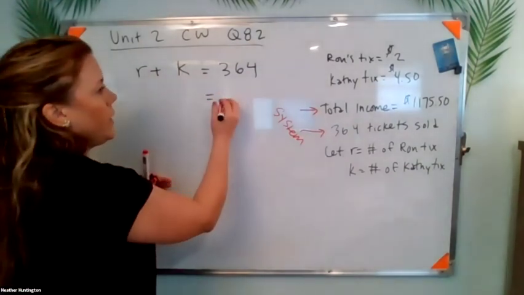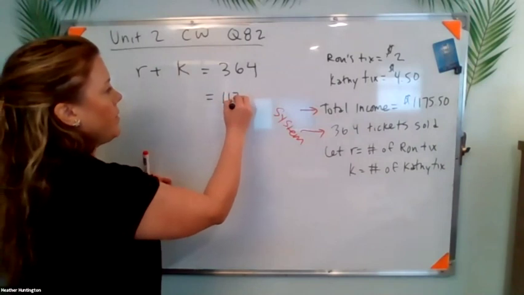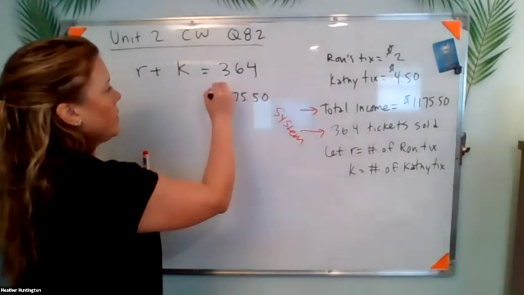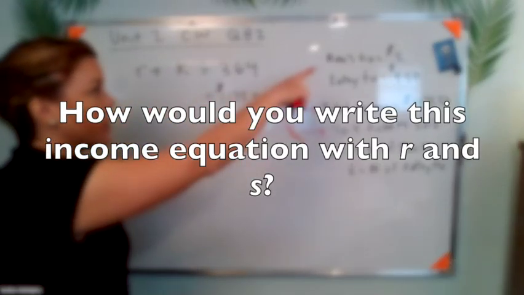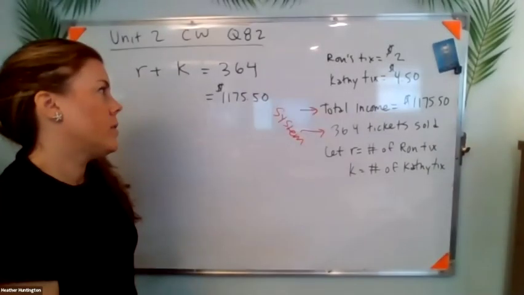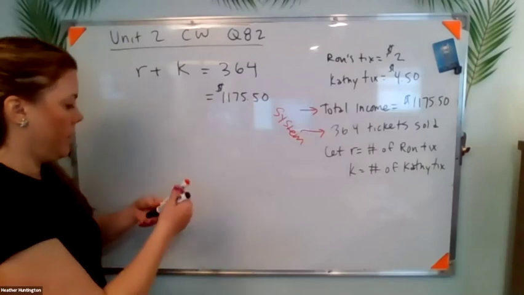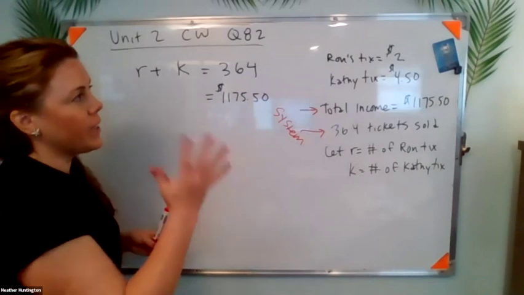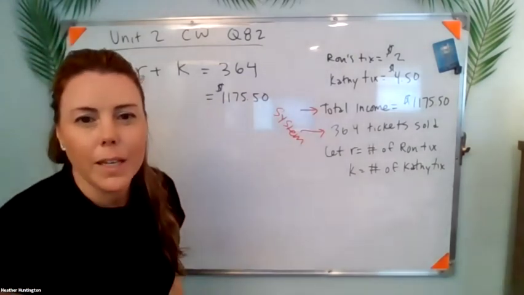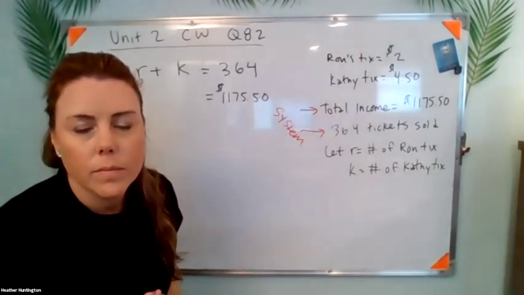Now, this one that says total income is $1175.50. If Ron's tickets are $2, well, if he sold 5 tickets at $2, how much money did he make? Or what was his income? 10.